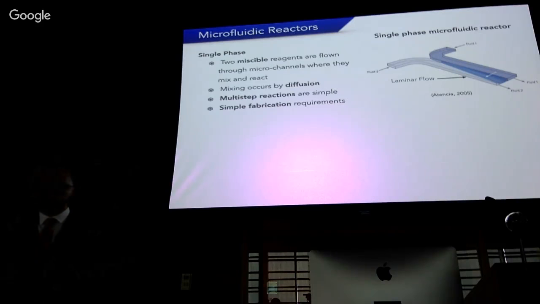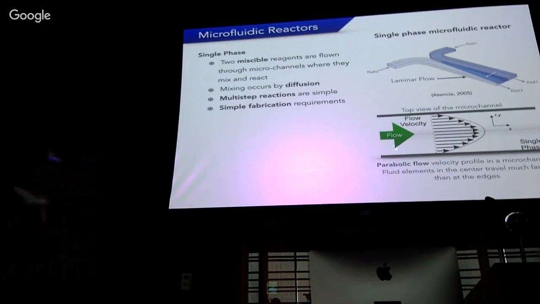However, there is a problem with these technologies, and this is the flow profile. If you look, this is the top view of the channel. If you look at the flow, we'll have this distribution. The velocity of the flow will have this distribution. In the center, the velocity will be maximum, and at the edges, the velocity will be very close to zero.